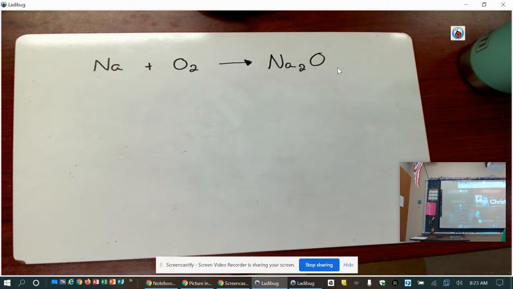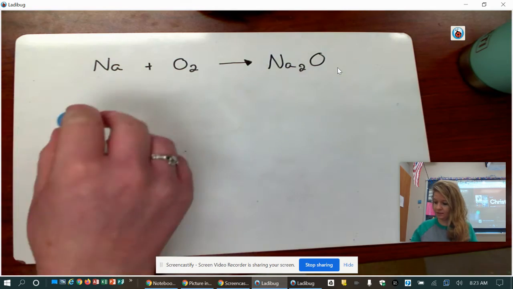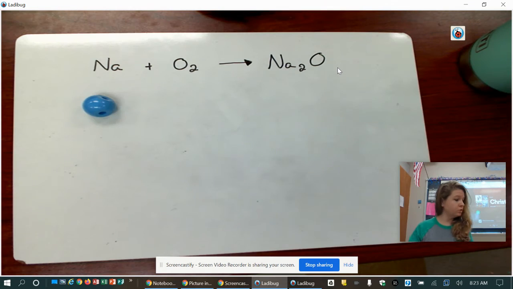Sorry, I should have got this out ahead of time. I have this cool molecule building kit, which helps us visualize what we're dealing with, and I feel like is an easier way rather than just drawing all the time to help us understand what's going on. So we have nitrogen, which is represented as this, and then we have O2.